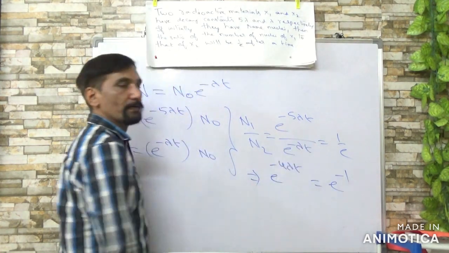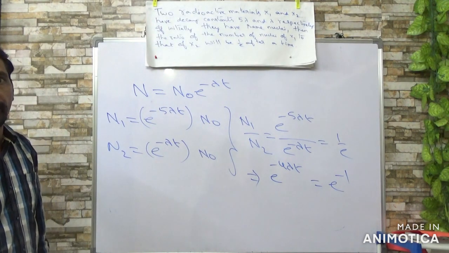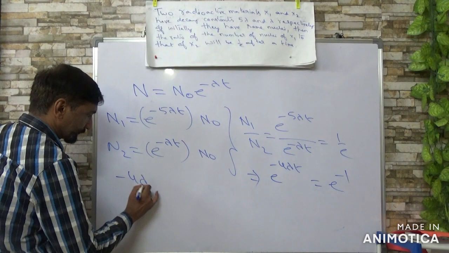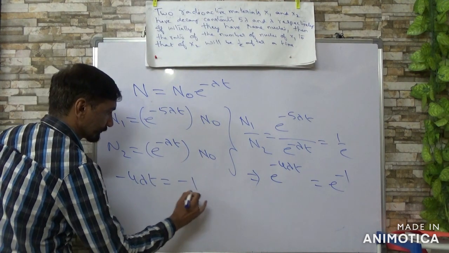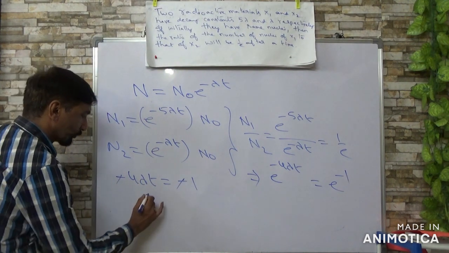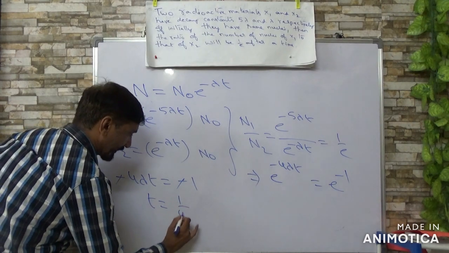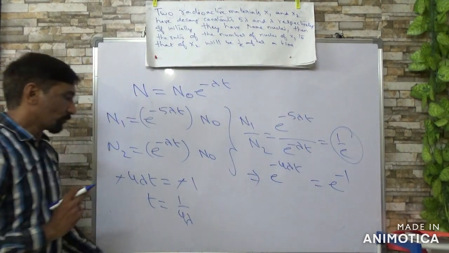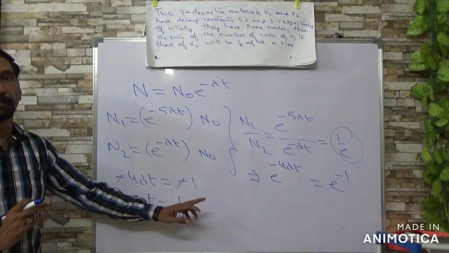Whenever bases are equated, powers are also equated. So the time taken to get the ratio as 1 by e is equal to 1 by 4 lambda.